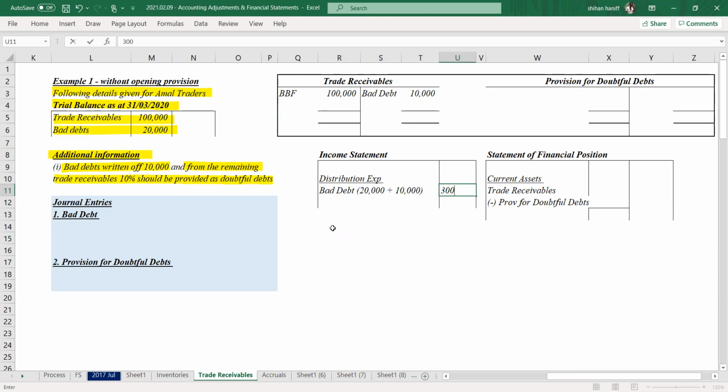So total bad debt is 30,000, which is an expense.